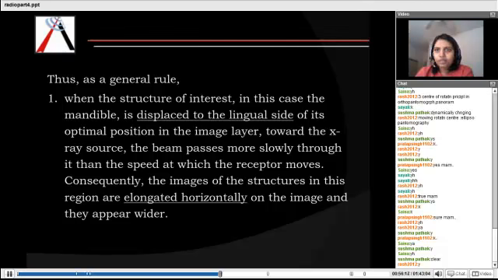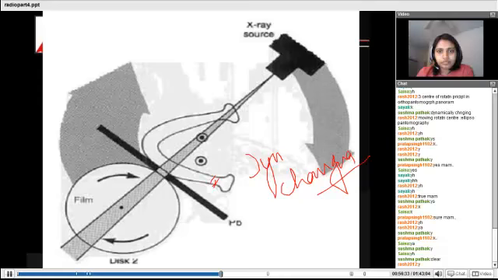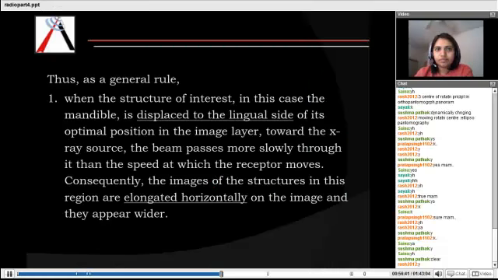Now let me have that other picture handy. It was in slide number 11. Now what happens to the structure? We all know the concept of the focal trough.